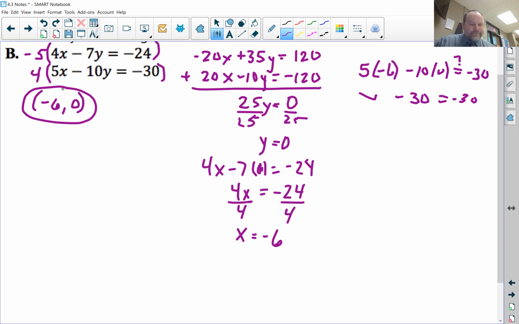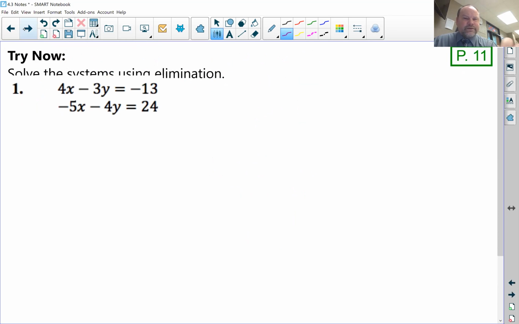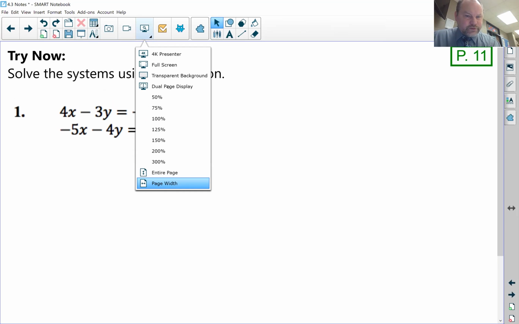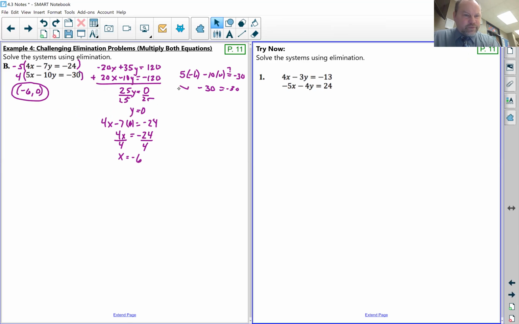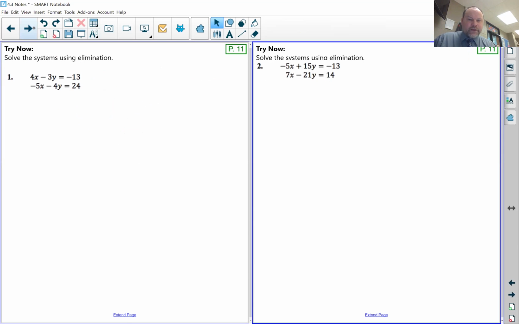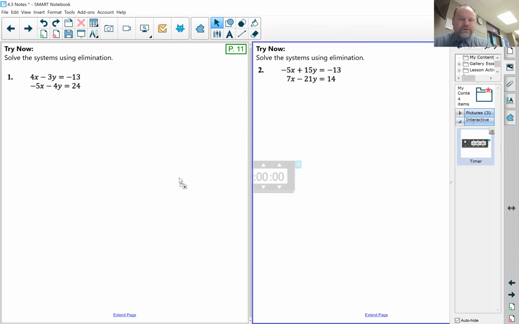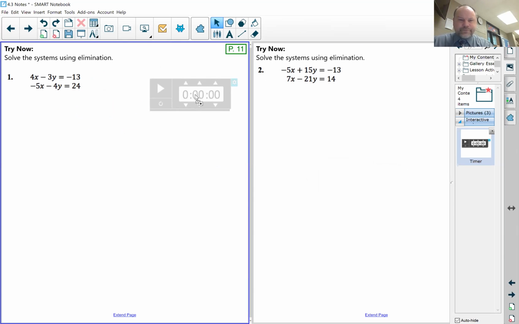All right. So I've got two more try now problems. I am going to split my page so you can see them both. I'm going to give you 5 minutes to go ahead and try these, and then I will share solutions.